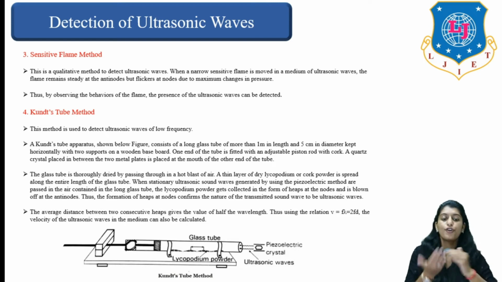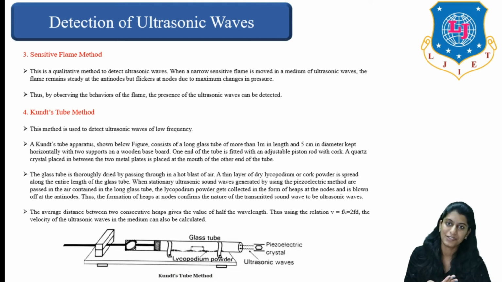Due to this change in pressure, when the flame comes near or at nodes, it will start flickering. Thus, by observing the behavior of the flame, the presence of ultrasonic wave can be detected using this sensitive flame method.